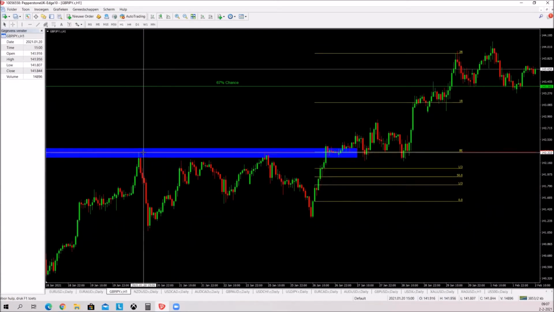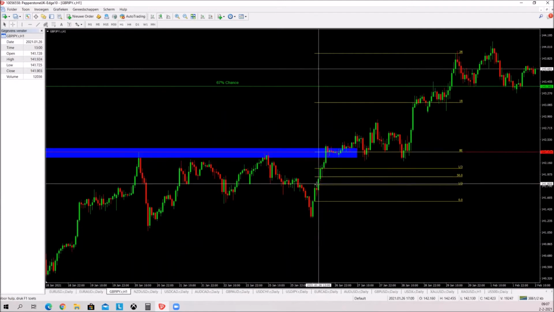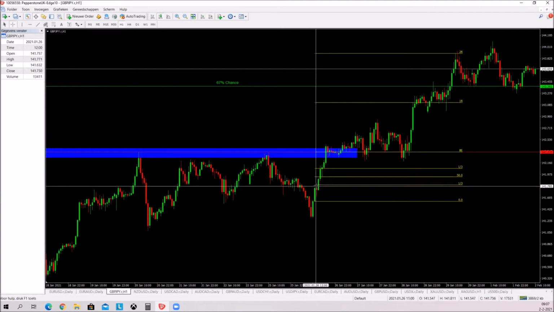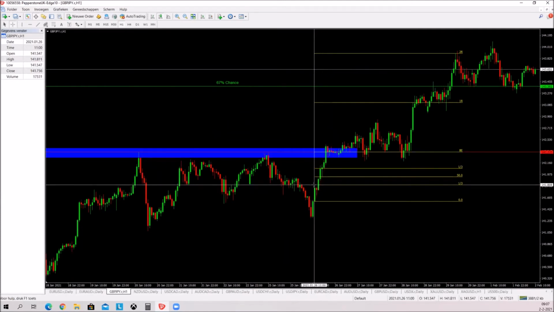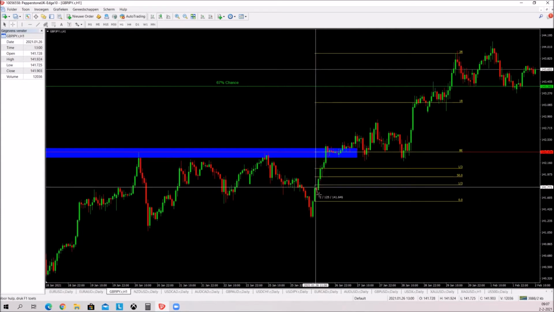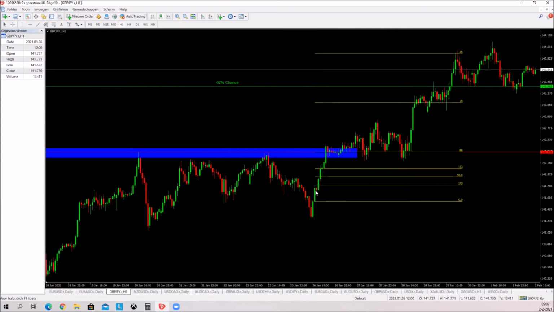Because in my mind, this is the entire level, the red level, and this is the last bit of resistance price made. As you can see, it moved up, and then we got a bit of a retracement to the downside of around 13 pips.